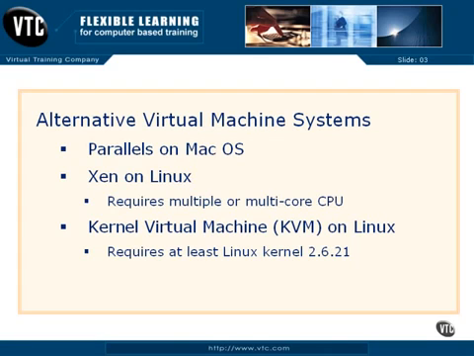It's not absolutely necessary, but it's a lot more realistic than what's called a paravirtualized machine, and that's something I won't get into here. If you have a Linux operating system with at least kernel version 2.6.21, kernel virtual machines are also available.